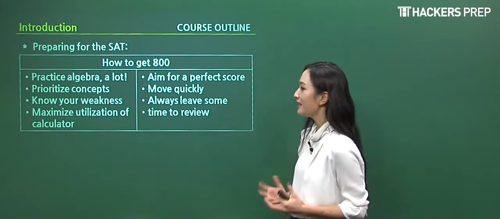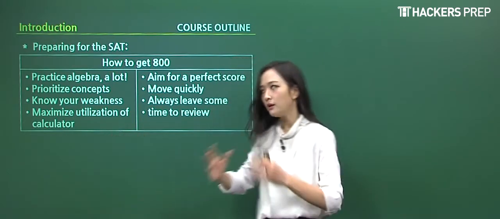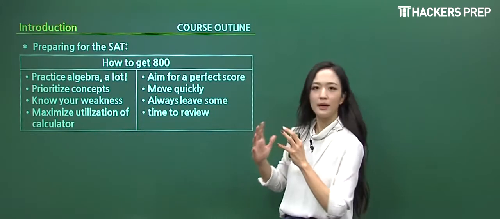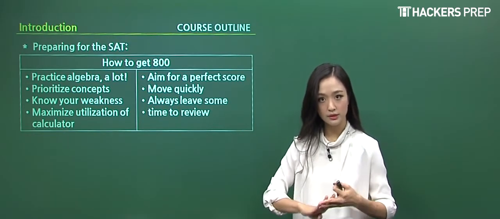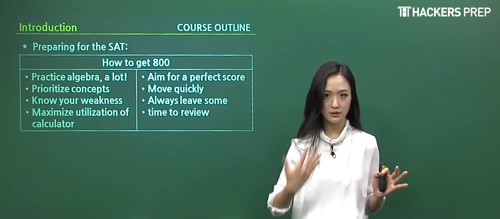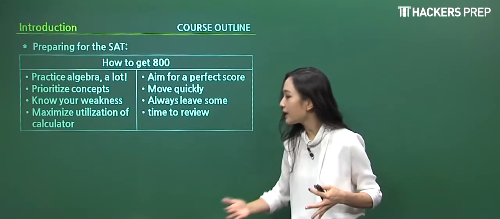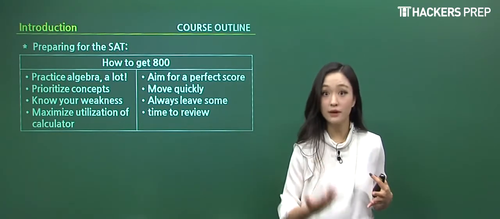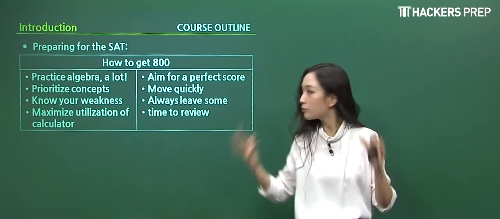So going back to this chart, we looked up to the 3rd bullet point. The 4th key I wanted to tell you guys was the utilization of your calculator. When we go back to what the SAT math comprised of, the 4th section was a calculator section. And once again, you do not need to use your calculator for every single question. Use it when you need to verify or confirm your answer, or when you need to do complicated problems.